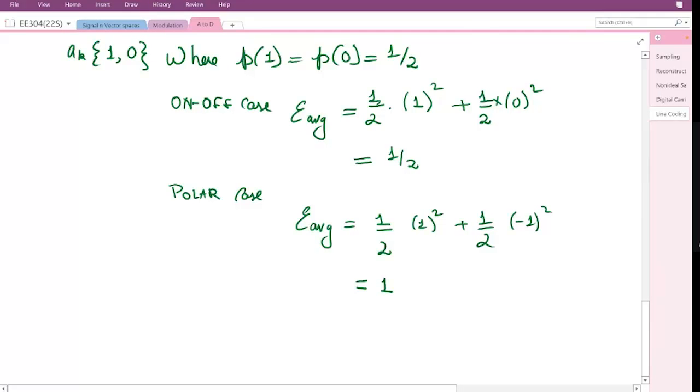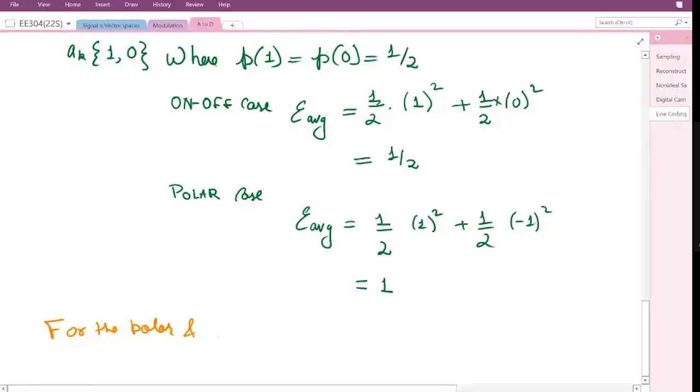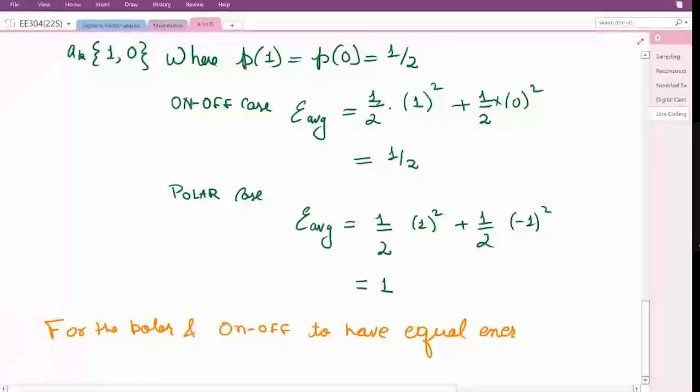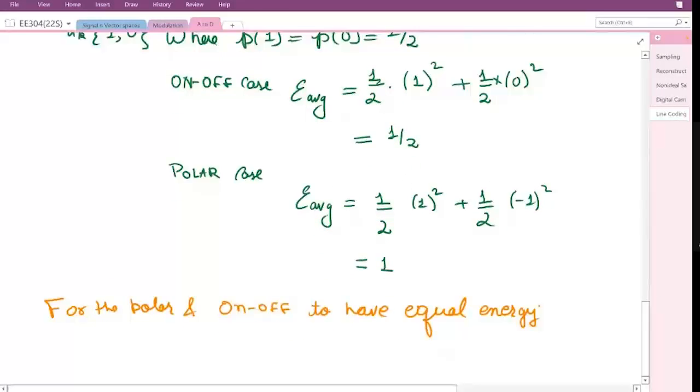The need is for the polar and on-off to have equal energies. To have equal energy, we have to make some changes.